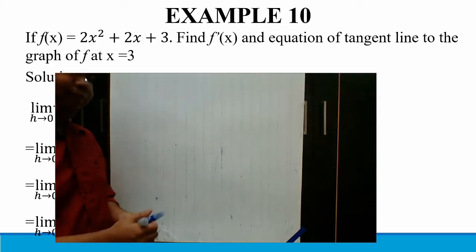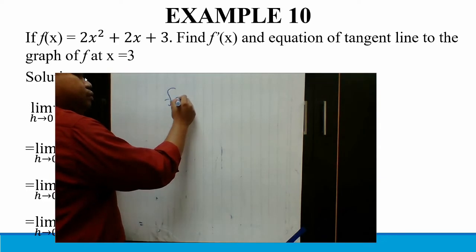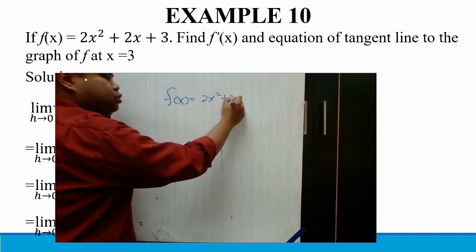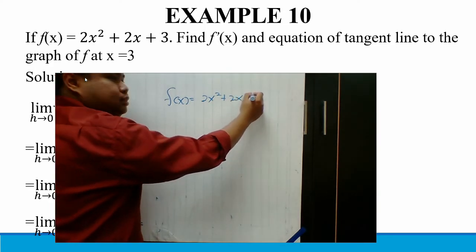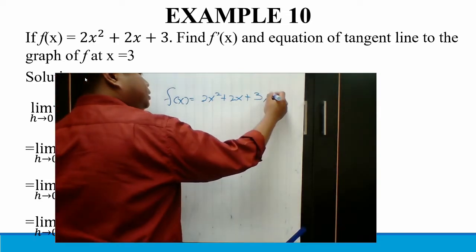Okay, you have f(x) equal to 2x squared plus 2x plus 3, at x equal to 3.